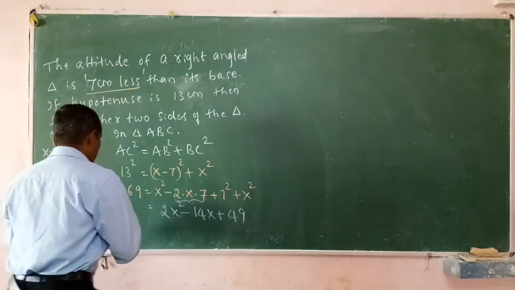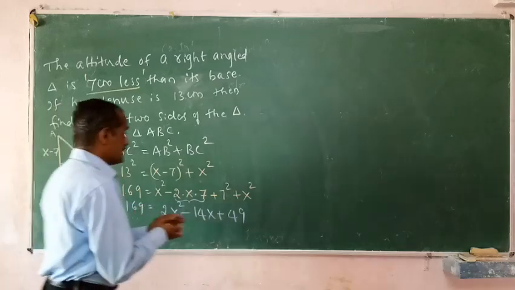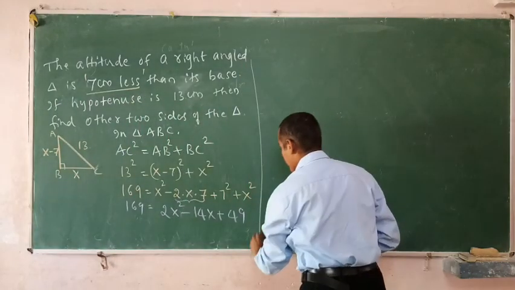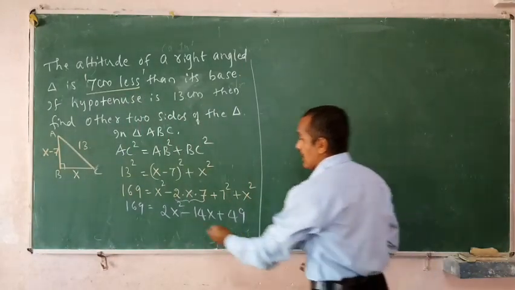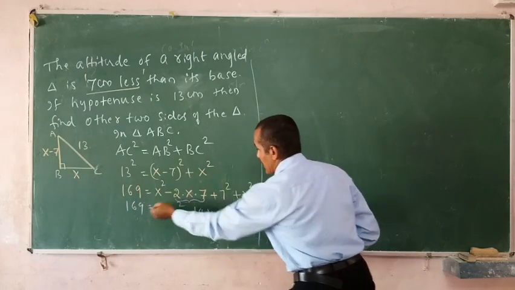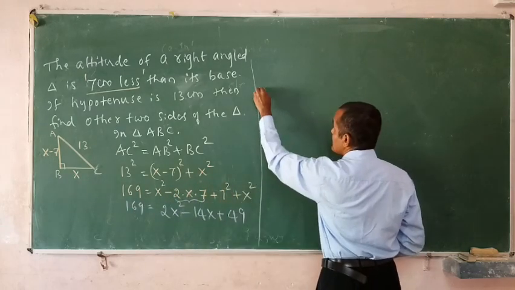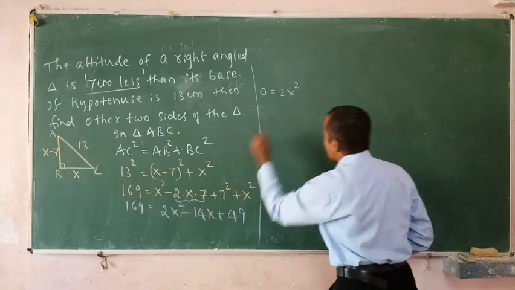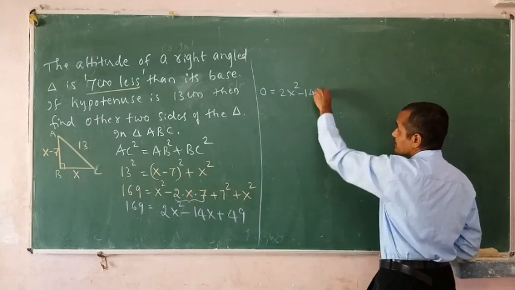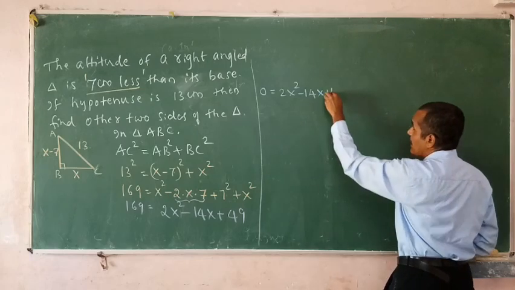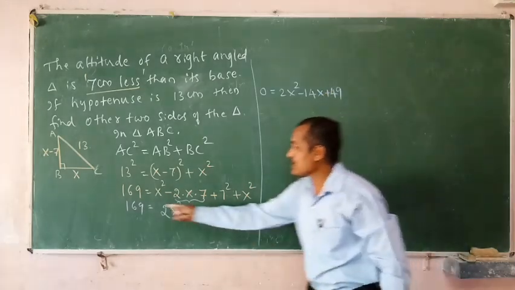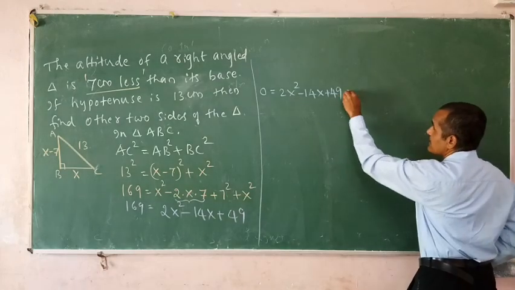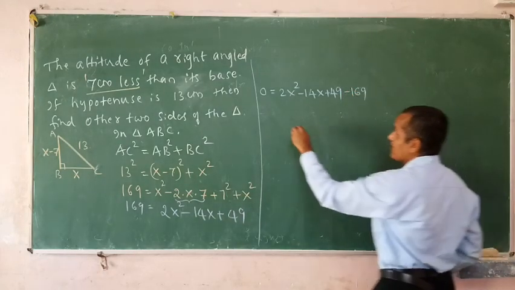What is equals to? 169 is equals to. Okay. I will transfer this 169 to the RHS. I can say 0 is equals to 2x square minus 14x plus 49 minus 169.